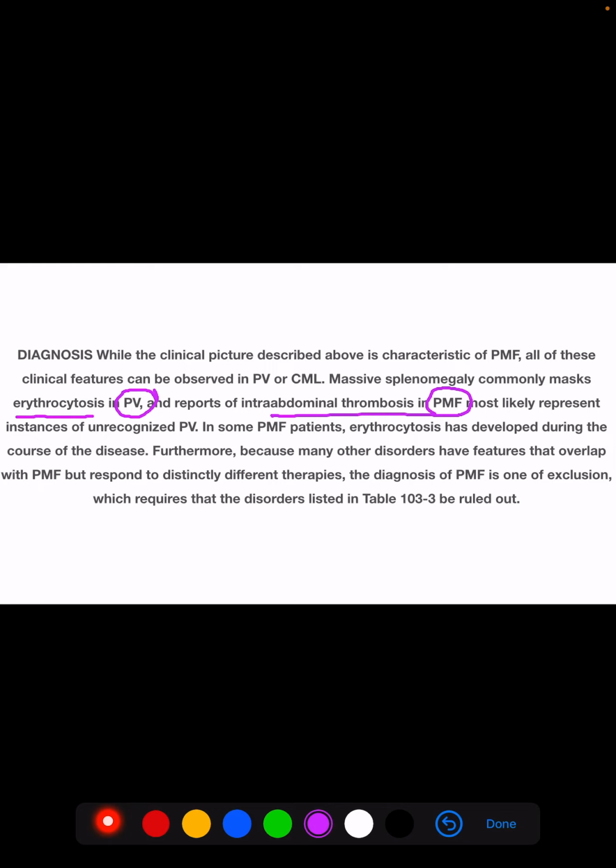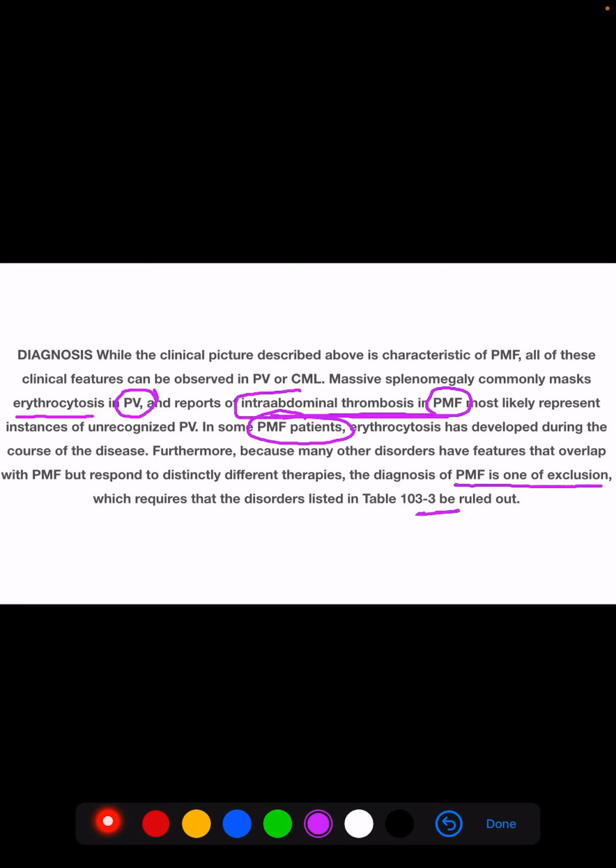In some primary myelofibrosis patients, erythrocytosis has developed during the course of the disease. Furthermore, because many other disorders have features that overlap with primary myelofibrosis but respond to distinctly different therapies, the diagnosis of primary myelofibrosis is one of exclusion, which requires that the other disorders we have discussed be ruled out.